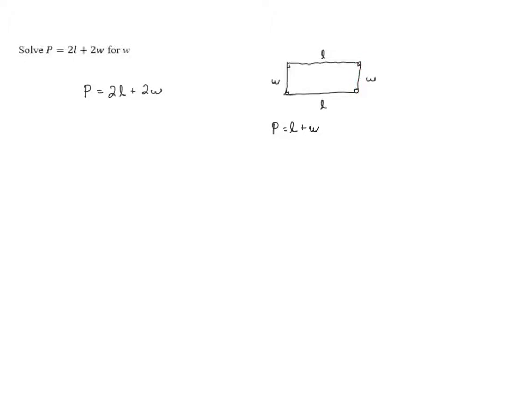So L plus W. And then as we move to the left, that's another L. And then as we move down, that's another W. So L plus W plus L plus W. And if we combine like terms on the right-hand side, L plus L is 2L, and W plus W is 2W. So we end up with P equals 2L plus 2W, and this is the formula for the perimeter of a rectangle.